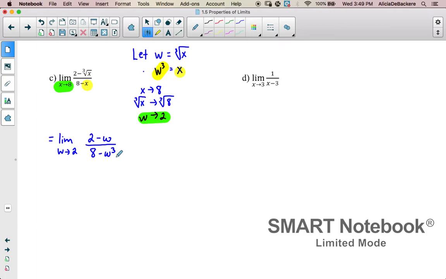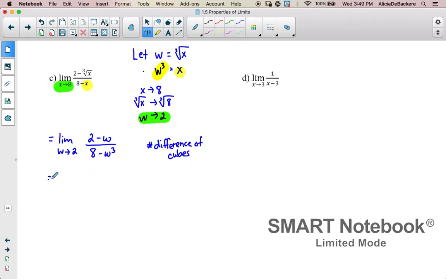So now I'm going to try to use some sort of simplifying or factoring. What I notice is this denominator is 8 minus w cubed. 8 is a perfect cube, and w is a perfect cube. So I'm going to use my difference of cubes pattern from advanced functions.